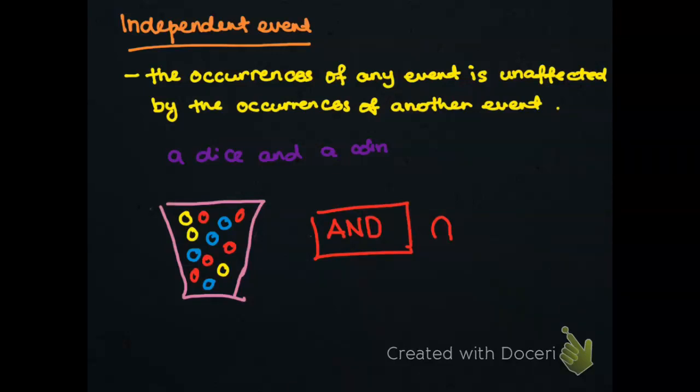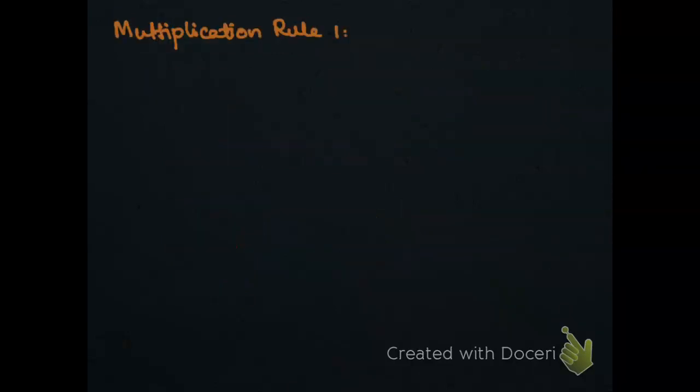This multiplication rule is defined symbolically as in the next slide. Note that multiplication is represented by "and". We look first at multiplication rule 1.